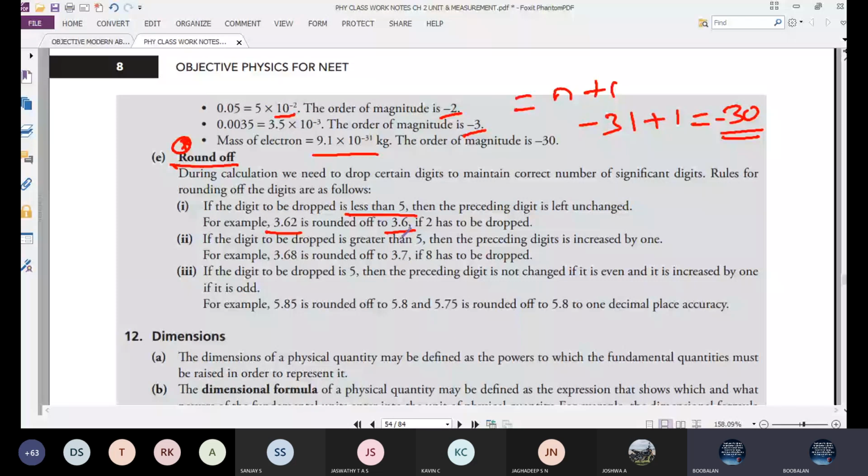The next one, 3.68 it is there, more than 5, you should add 1, 3.7. 5.85 it is there. So 5 also no need to take, you take directly 5.8.